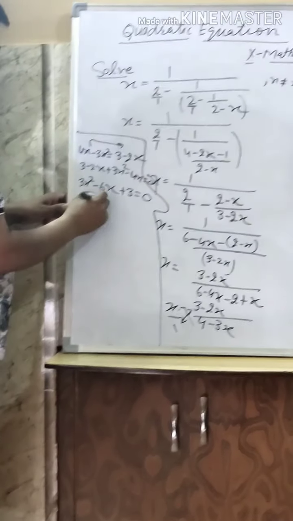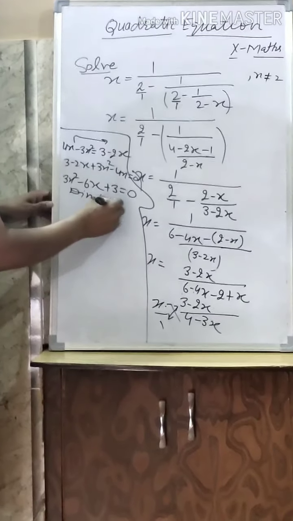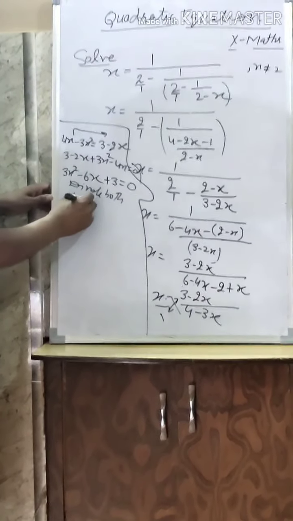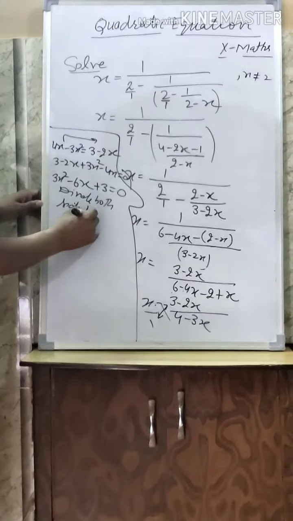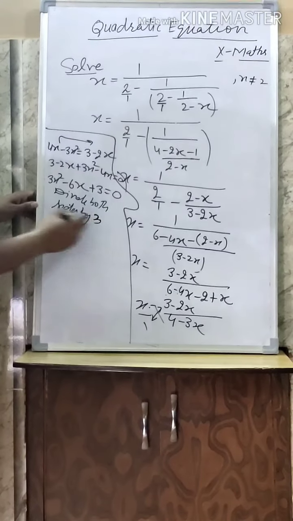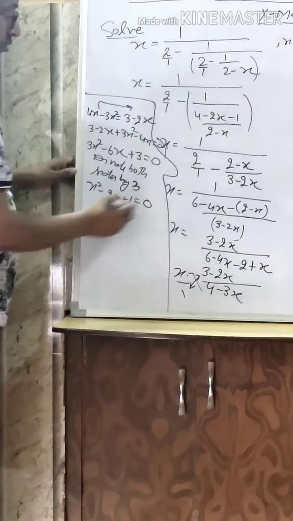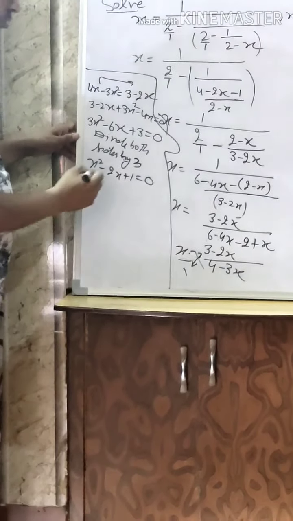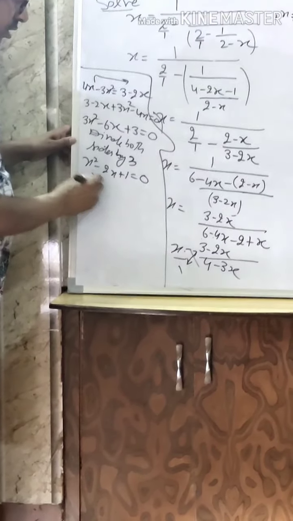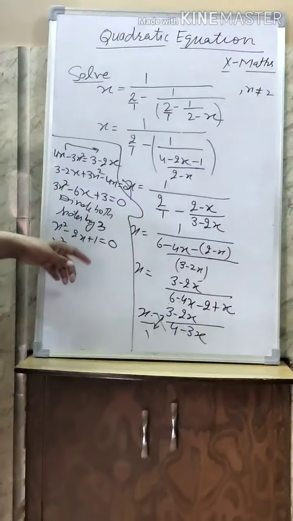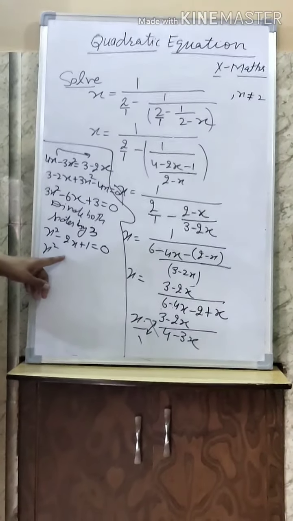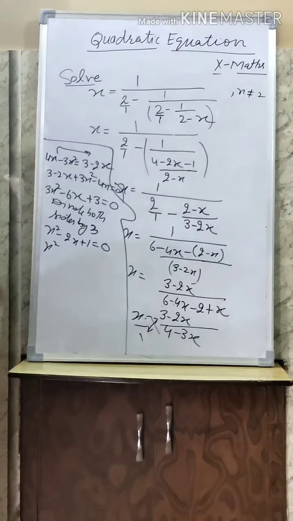So now divide both sides by 2 or 3. Then you are getting x square minus 2x plus 1 is equal to 0. Hear this. So now make the factors. If factors are possible, then do by the factorization method; otherwise, you will solve by the D method.